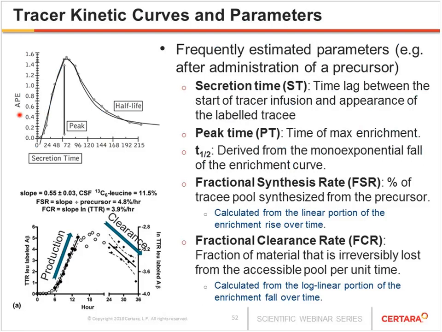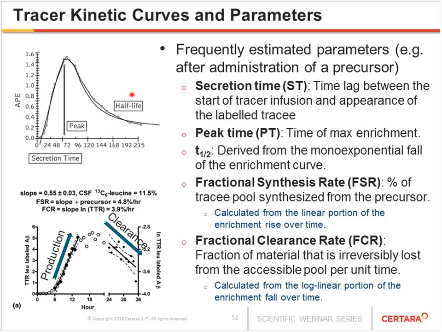So basically, the definition of fractional synthesis rate is the percent of trace pool synthesized from the precursor. And as you might remember, the formula to obtain the synthesis rate from the fractional synthesis rate is to multiply the FSR times the pool size, being the total amount of that particular substance of interest.